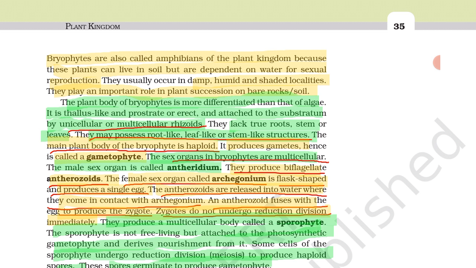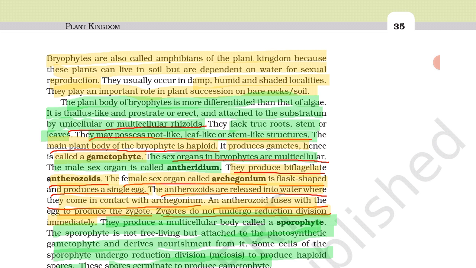They usually occur in damp, humid and shaded localities. They play an important role in plant succession on bare rocks or soil.